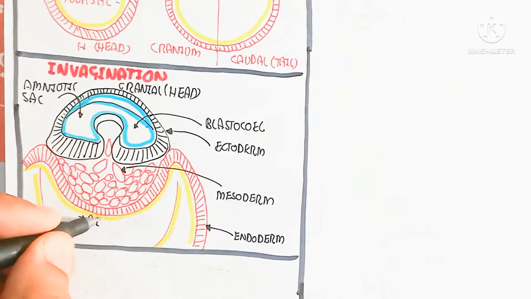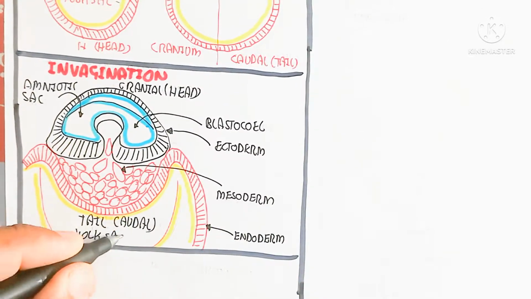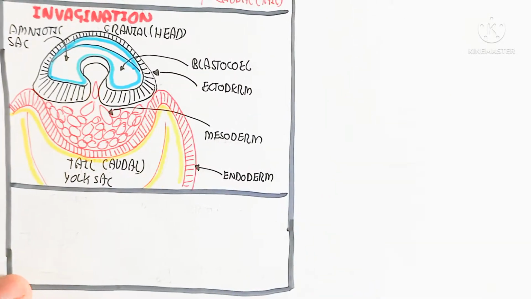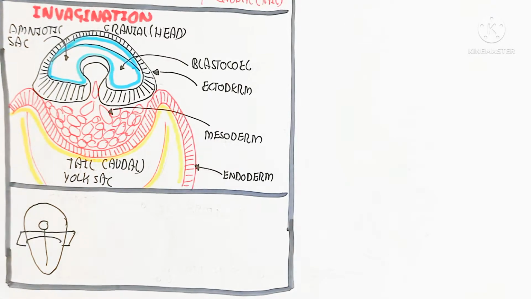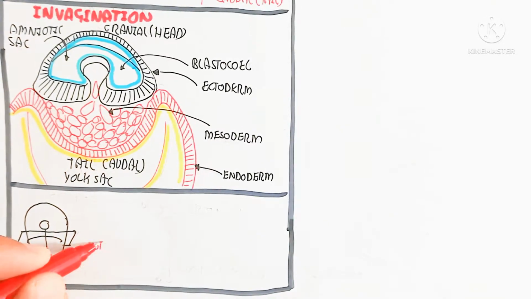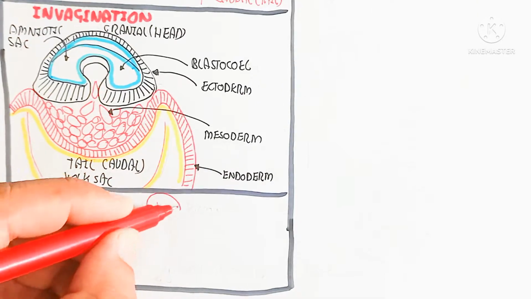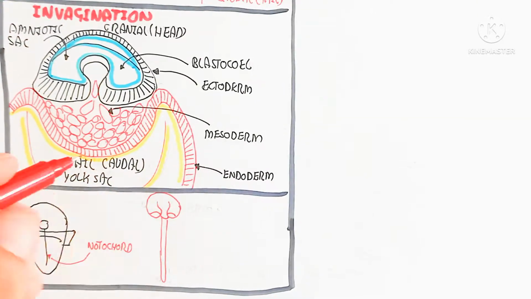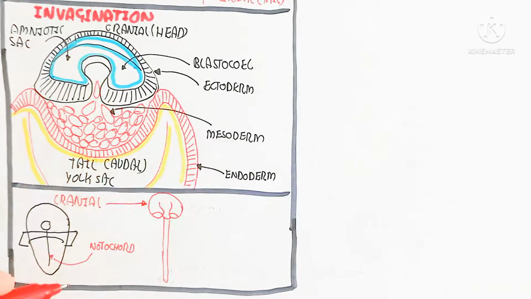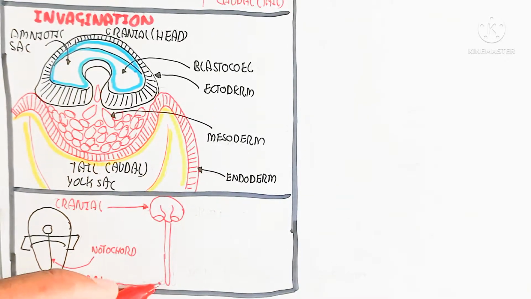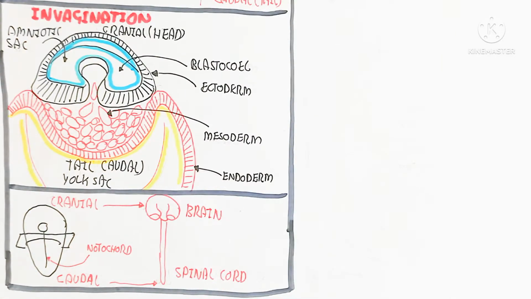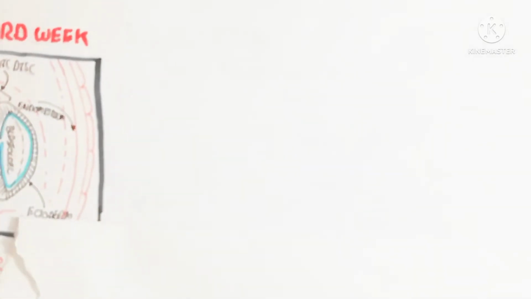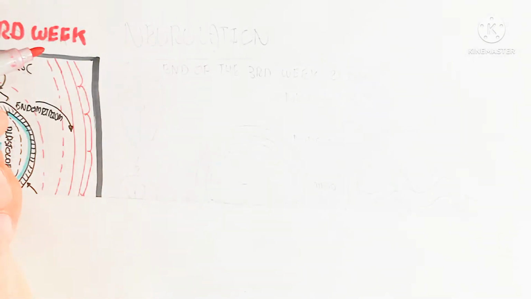The cells differentiate and modify to enter, and the hypoblast is displaced by endoderm, creating space for the mesoderm to move inside to form the gastrula. That means the mesoderm, ectoderm and endoderm, the 3 germinal layers, are formed. This is the cranial side, the spinal cord side is the caudal side, and this is the notochord. So let's begin to understand neurulation.